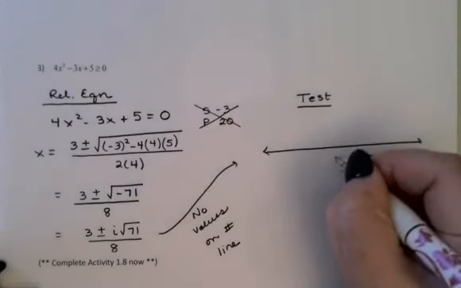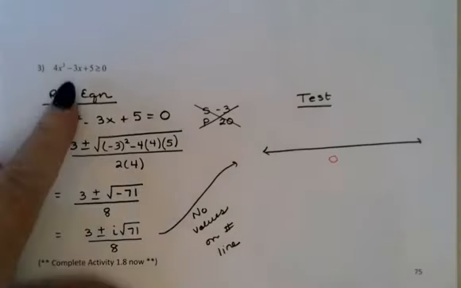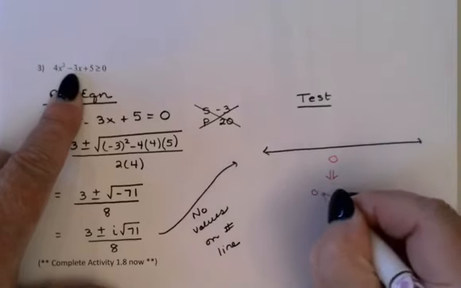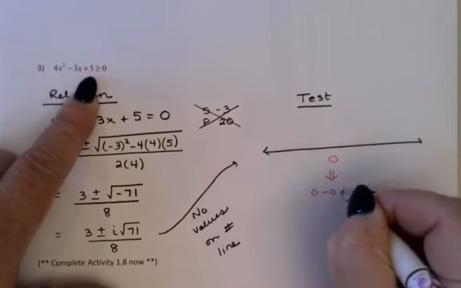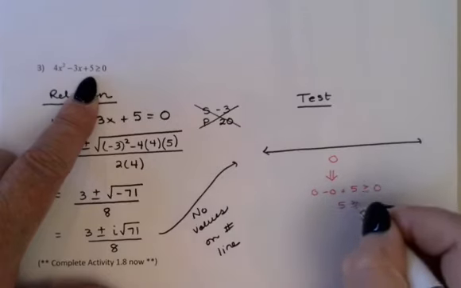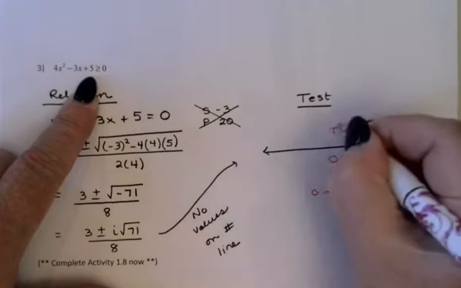So let's see. Let's pick 0, because it's such a nice, easy number. I can even do it by hand, right? If I were to plug 0 in here, I would have 0 minus 0 plus 5 is greater than or equal to 0, and 5 is greater than or equal to 0. So the whole thing is true.